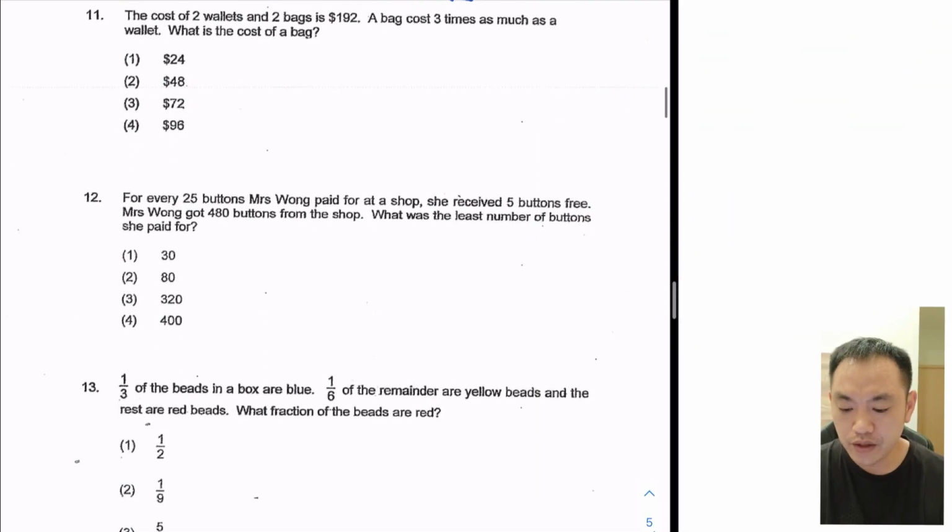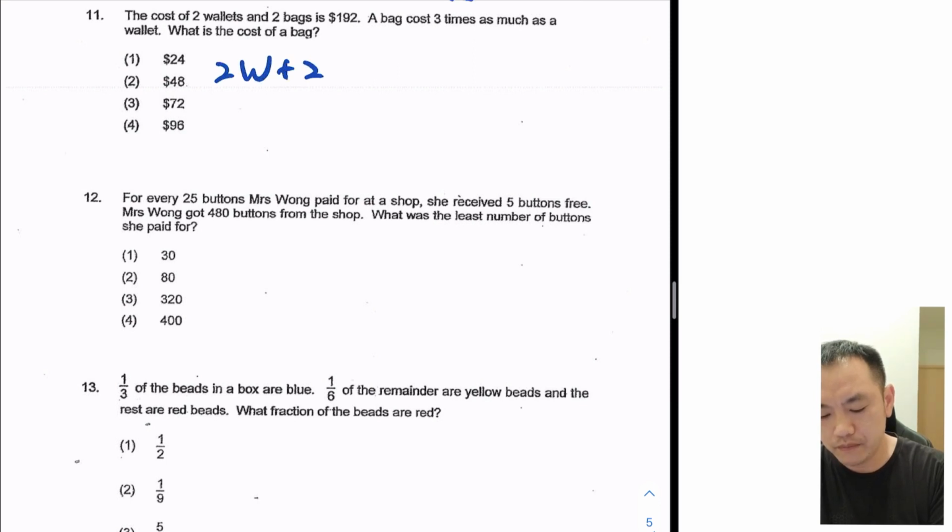Question 11. The cost of 2 wallets and 2 bags is 192, and 1 bag equals 3 times as much as a wallet. So 1 bag you can consider as 3 wallets. What is the cost of a bag? Let's say W is the wallet, so 2W plus 2B, B as a bag, is 192.